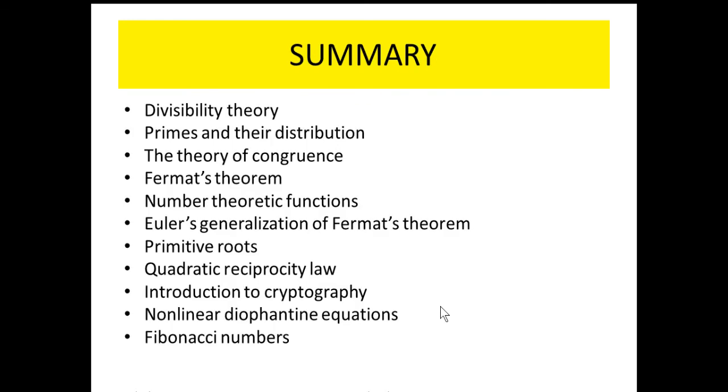These are all the things which we have covered: first divisibility theory, then primes, then congruences, Fermat's theorem, number theoretic functions, then Fermat's theorem and its generalization, primitive roots, quadratic reciprocity law. Then we have taken cryptography, nonlinear Diophantine equations, that is Pythagorean integers, and then Fibonacci. So all these things are connected.